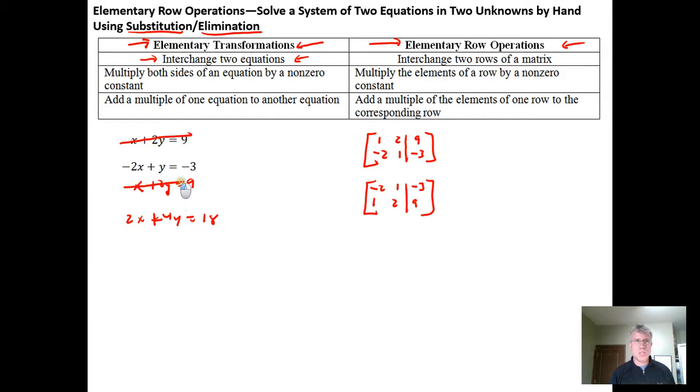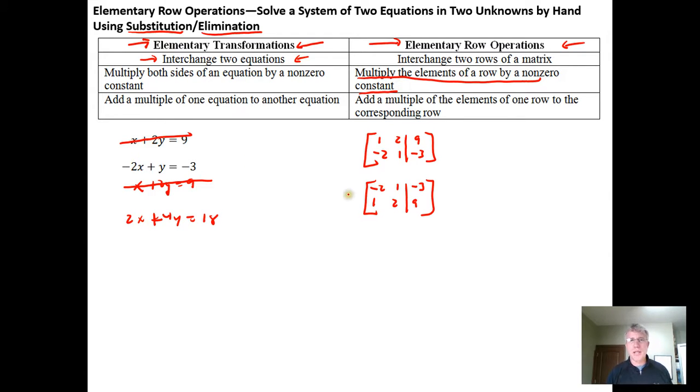And then we would ditch this one and we would use this one to add to this guy, because negative 2x plus 2x is 0. It would put us in a position where we would be able to solve for y ultimately. So in matrix world, what we're going to say is, hey, it's okay to multiply the elements of a row by a non-zero constant, which really effectively is exactly what we do here when we're using the elimination method.